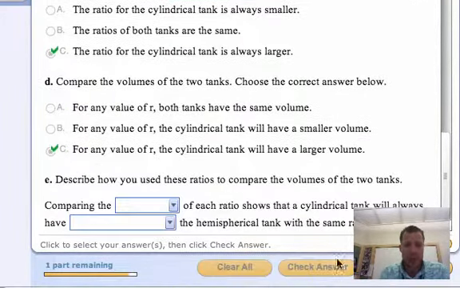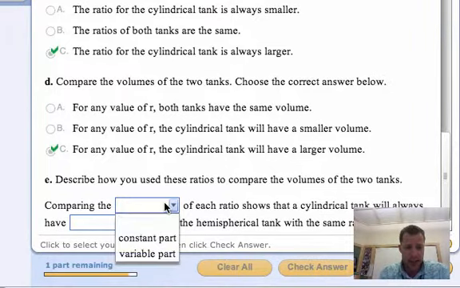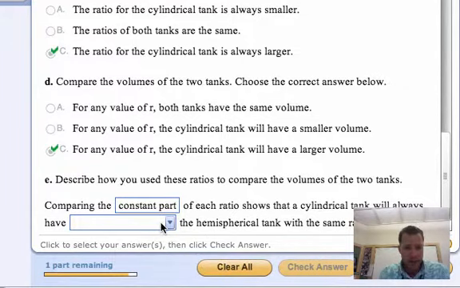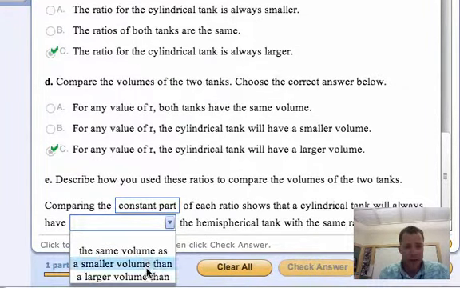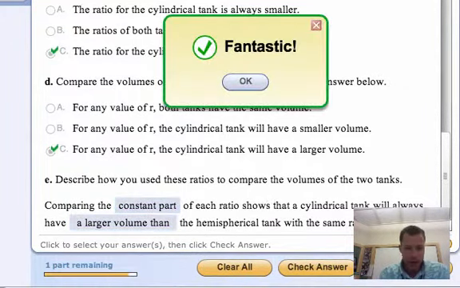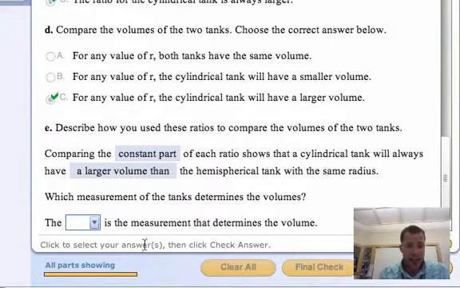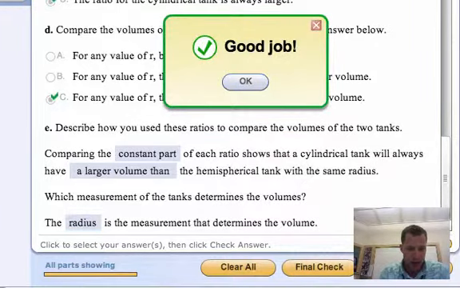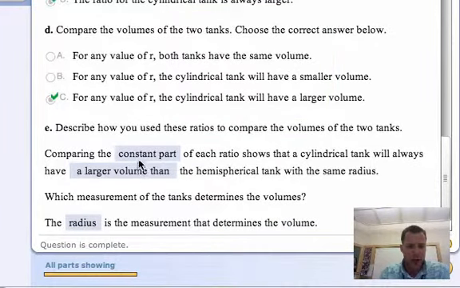Fantastic, and that's all based on the findings that we had. If you actually compare the constant part, you're going to have a larger volume. And lastly, the radius is the measurement that determines the volume. So then you can answer these last questions. And they come up from comparing.